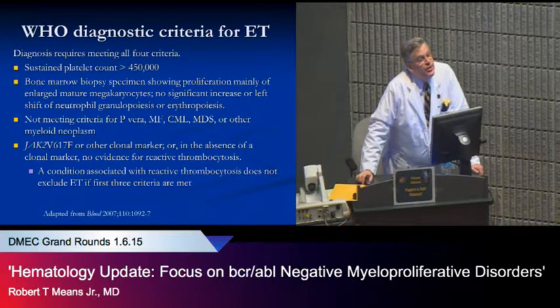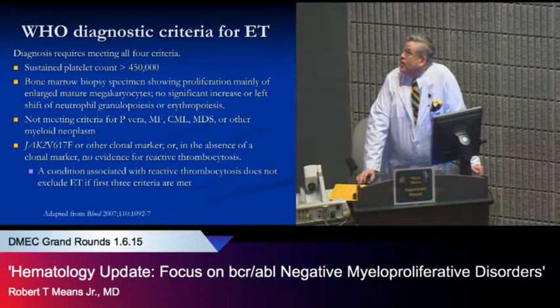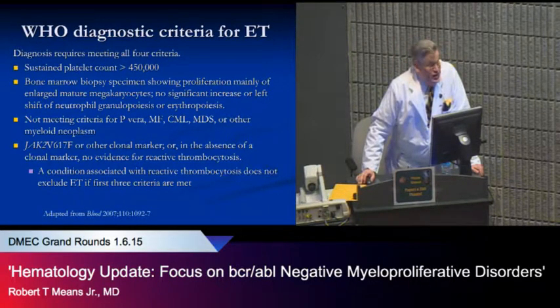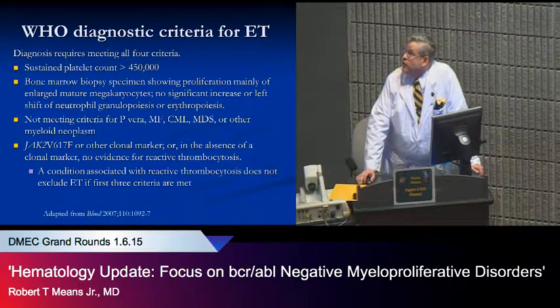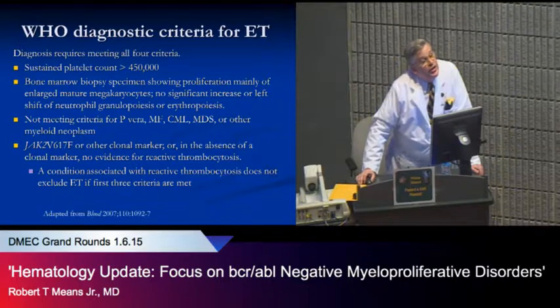You need to not have one of the other disorders, particularly CML, which is why you need to do the BCR-ABL testing. Your bone marrow will rule out myelodysplastic syndromes, and you need not to have the markedly elevated hematocrit you would characteristically expect in polycythemia vera.